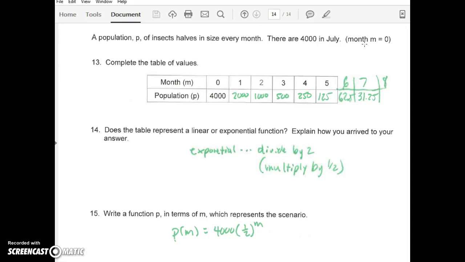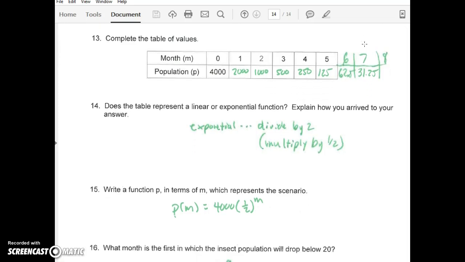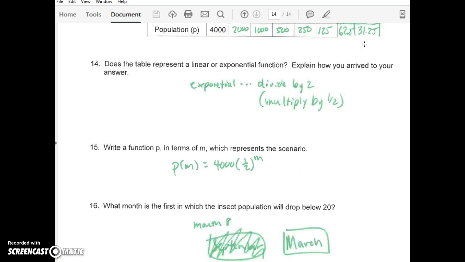It would represent an exponential relationship because we're multiplying by 1/2. And there is our function, 4,000 times 1/2 to the m, or 0.5 to the m if you will. And that will end up being March because it's 8 months from July, and that's when the population will reach 20 insects.